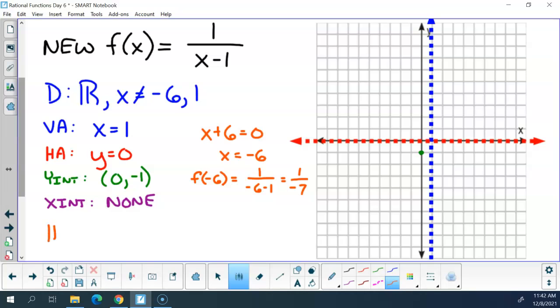So the hole is going to be at negative 6, comma, negative 1/7.